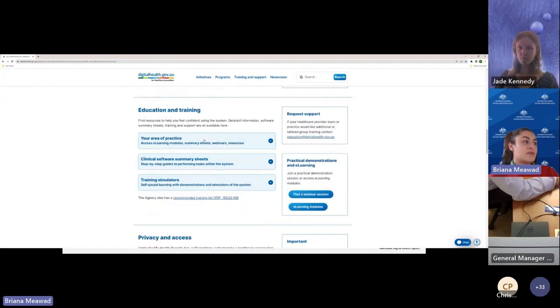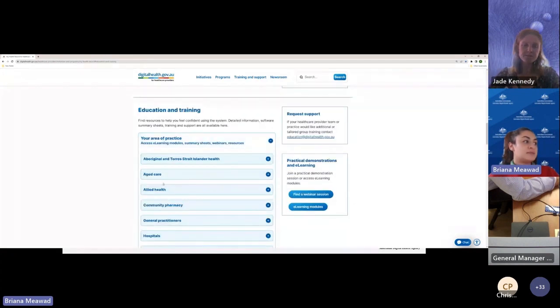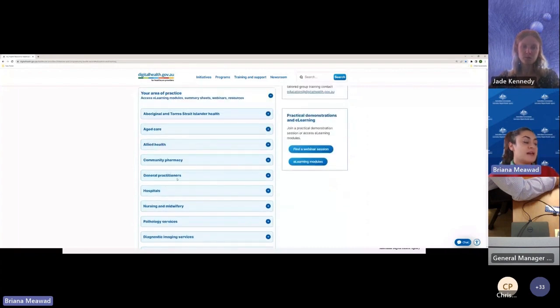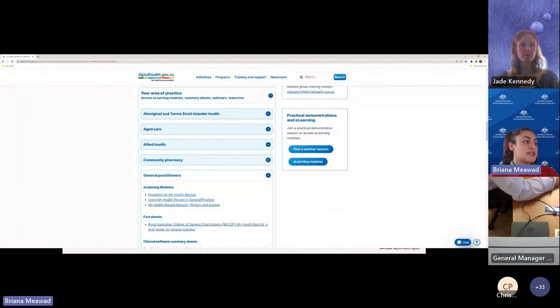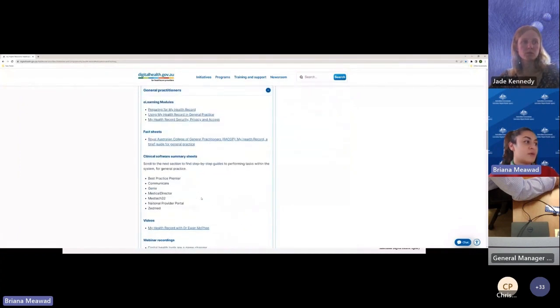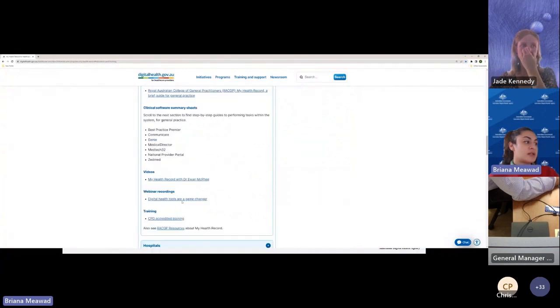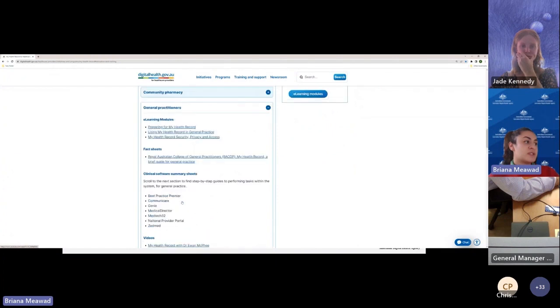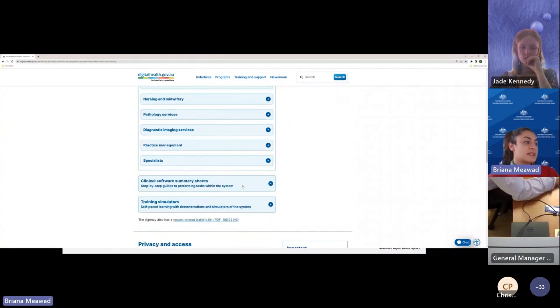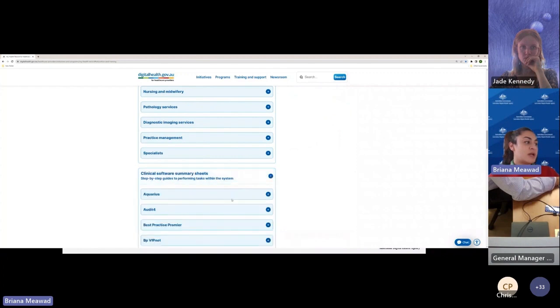There's a range of software summary sheets, the ones we talked about earlier. For example, if we open general practitioners, there's information in here for a range of software products, and also other resources around security, privacy, and access. If we scroll down, you'll see the software summary sheets broken up by software.